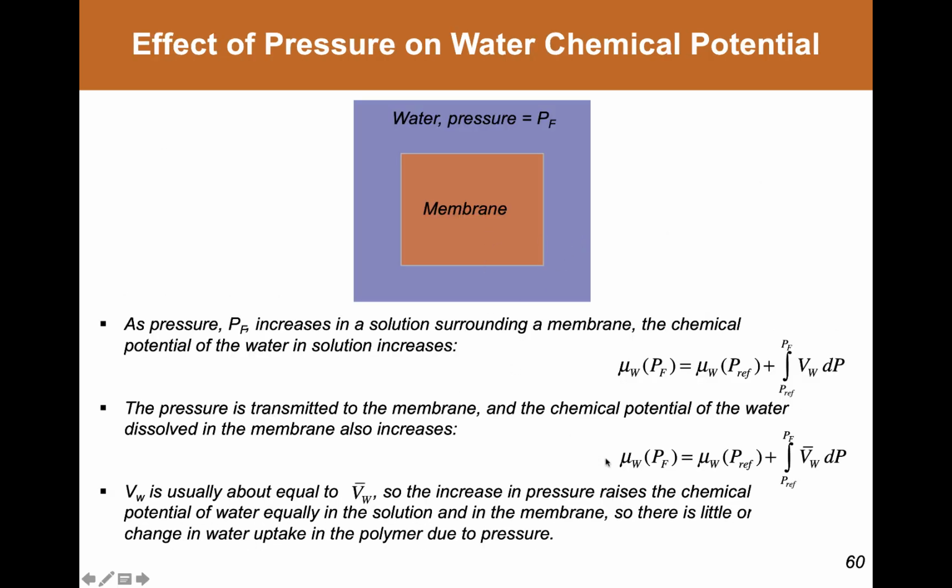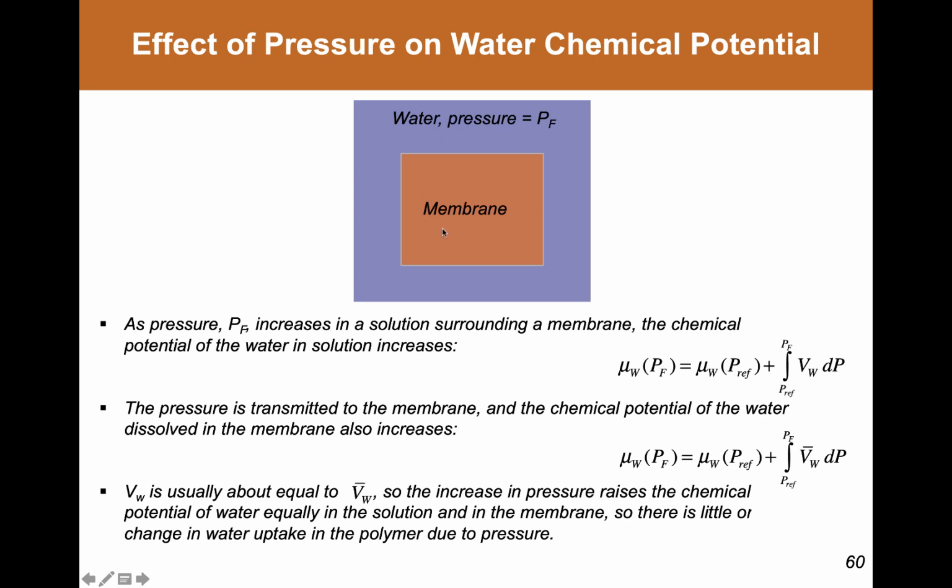And so we start by considering a case where we have a membrane exposed to a uniform pressure of a pure solvent like water, for example, and we can write an expression for the chemical potential of the water with pressure. And as we increase the pressure in the water, its chemical potential just increases according to the definition of chemical potential, where VW is the molar volume of the water.